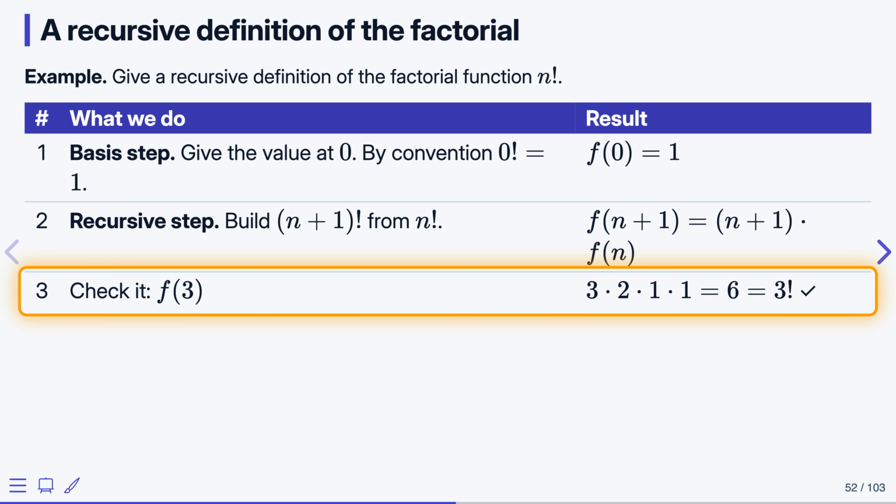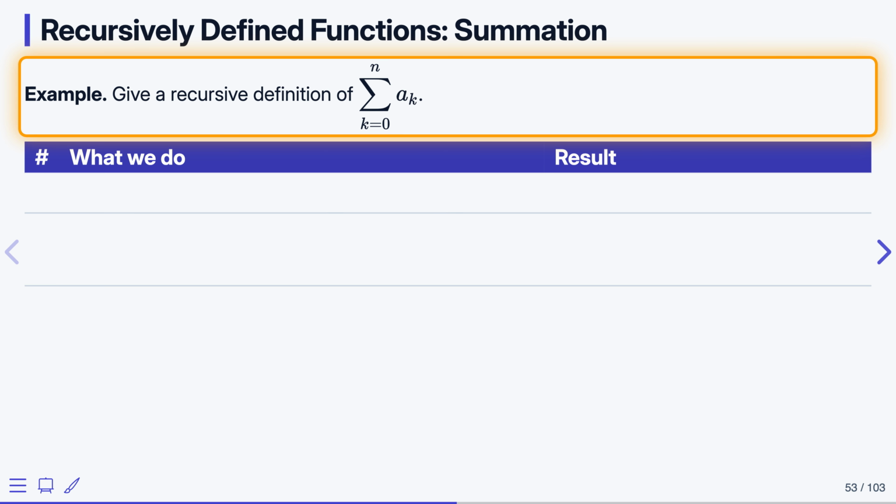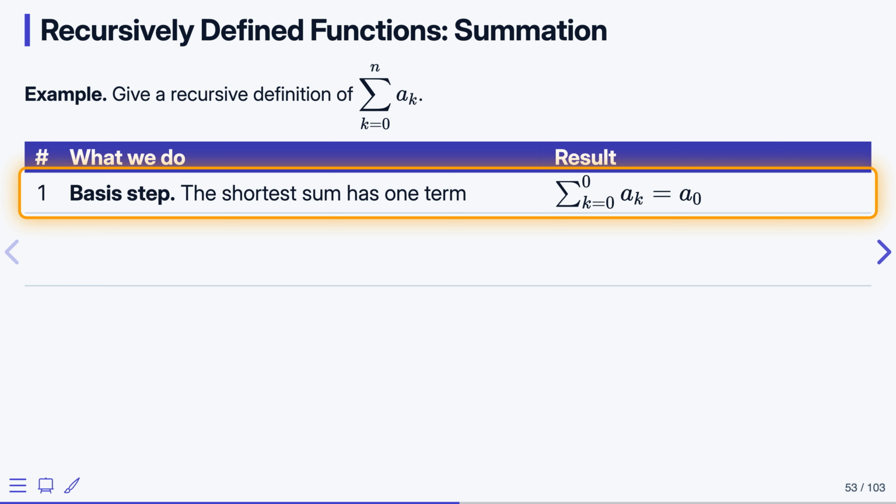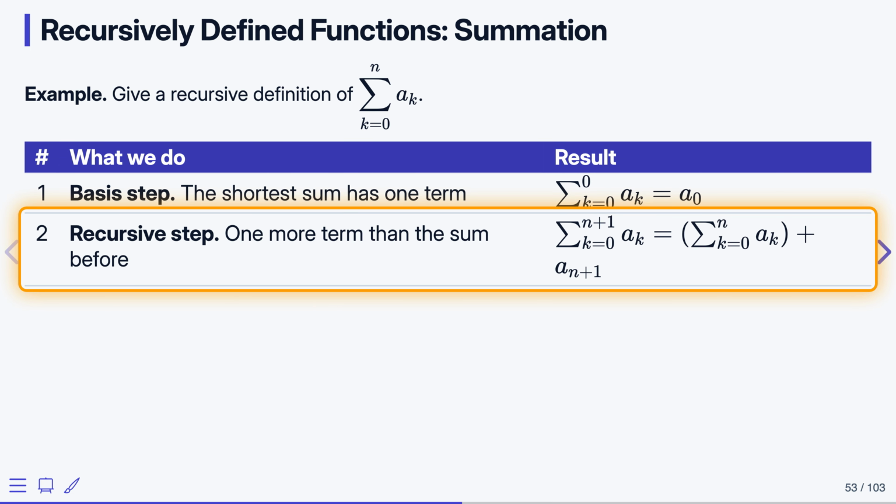It works. We can also define a sum by recursion. Step 1. The basis step takes the shortest sum. The sum from k equals 0 to 0 of a sub k is just a sub 0. Step 2. The recursive step adds one more term. The sum up to n plus 1 equals the sum up to n plus the next term, a sub n plus 1.